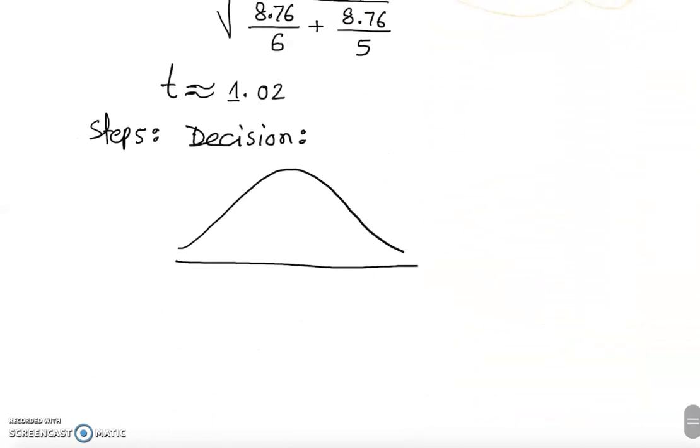So 0, 1, 2, 3. 2.2 is going to be this critical line, and this is going to be another line. So this is 2.262, and this is negative 2.262, and these lines are responsible for separating the critical region from the non-rejection area. Look at this here, we're comparing this test statistic.